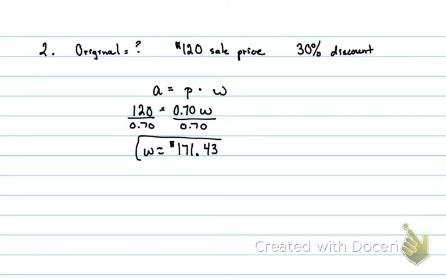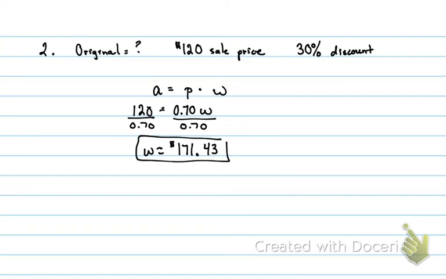Okay? I just had to round to the nearest penny. And doesn't that make sense? If I paid $120, but that was 30% off, the original price is more than that. About $171. Okay? How'd you guys do on that? All right, so we're through about 75% of your test.